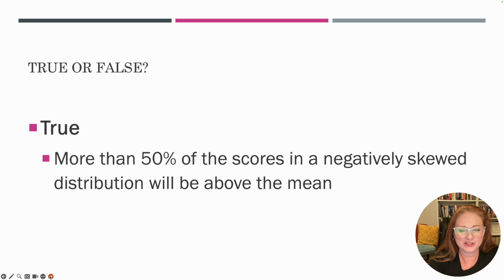More than 50% of the scores in a negatively skewed distribution will be above the mean. If your brain went to false, you were probably thinking symmetrical, a perfectly normal distribution. But are all data distributions perfectly symmetrical? No. If it's negatively skewed, this is true, and the opposite is true if it's positively skewed.